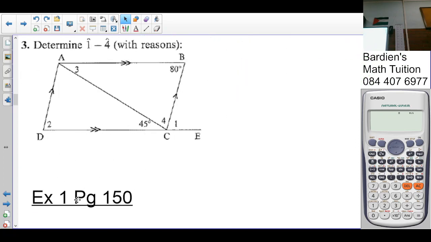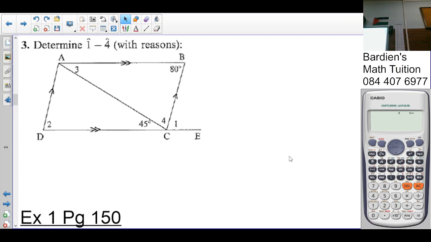The next one. Number 3. Determine angles 1 to 4 with the reason. So do I have to follow the order there? No. Alright, so what can be done first? Angle 2. Angle 2 is equal to what? 80 degrees. Why?